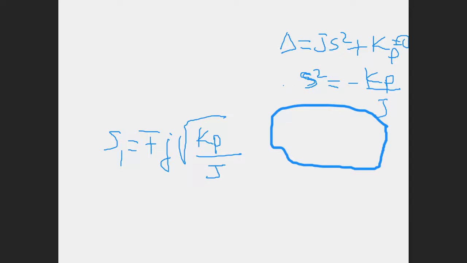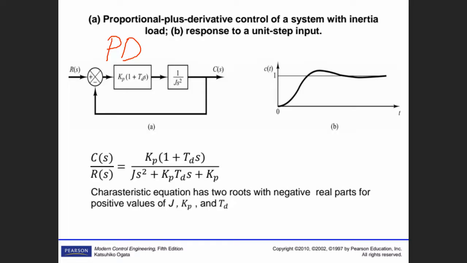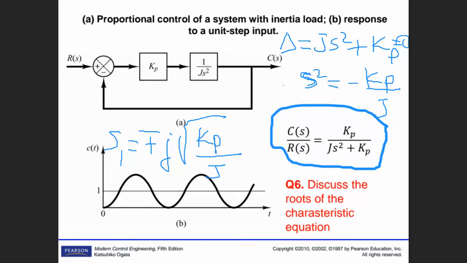For the previous example, it was continuous oscillation, which we are not happy about. However, for that one, this is a step response. That one is step response too.